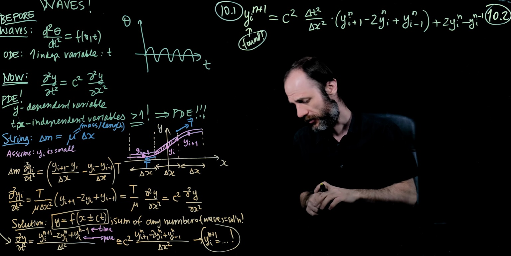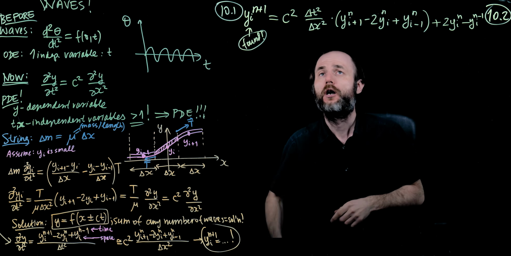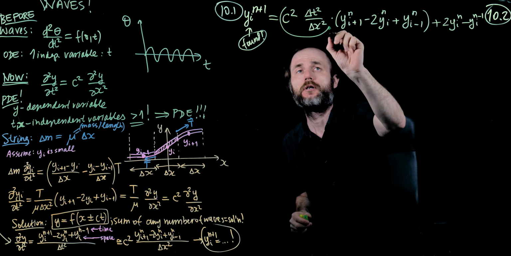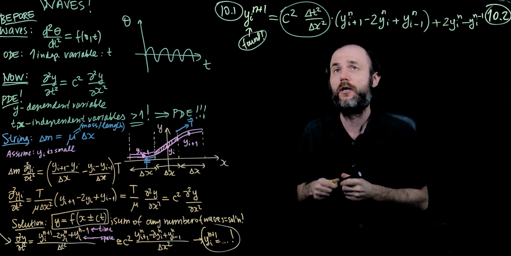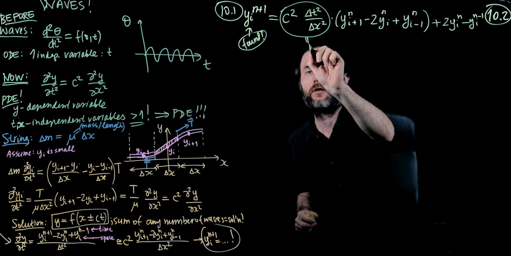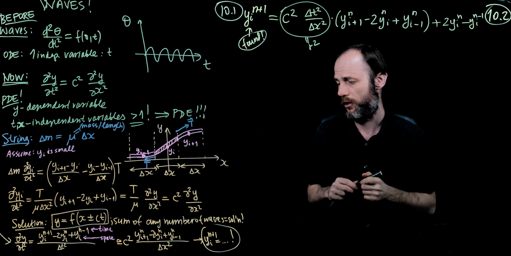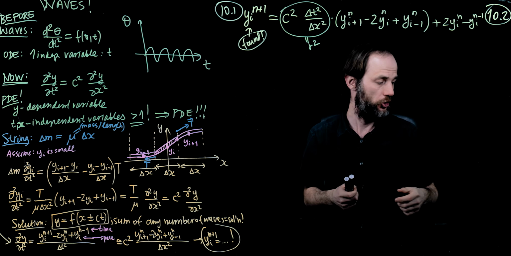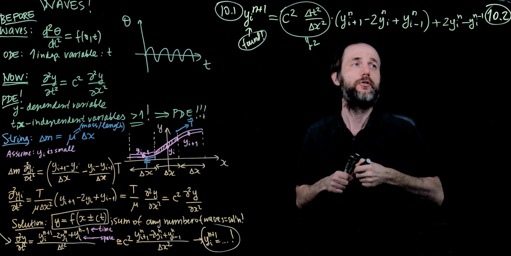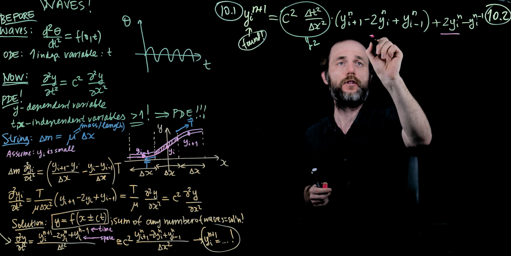And for convenience, this piece is typically denoted as r squared. So we can simplify this just a little bit. What we can do is combine this term with that term.